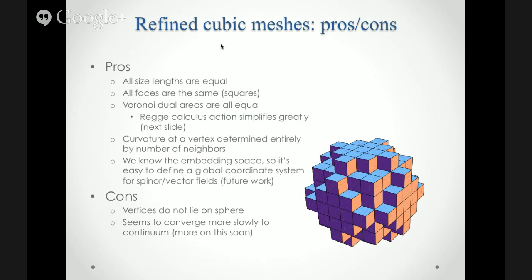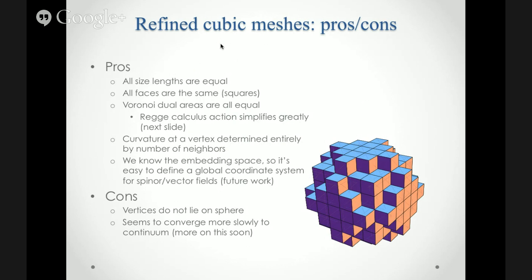But you can actually show that those two Voronoi areas associated with those edges are the same, and it's kind of obvious because you just flip one of them. If you do a mirror flip of the right side, so that's a positive. So the Regge calculus reduces greatly. You don't have this site-dependent or link-dependent area term in your sum anymore.